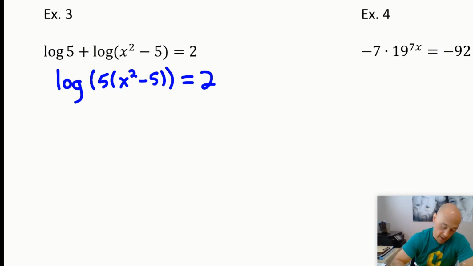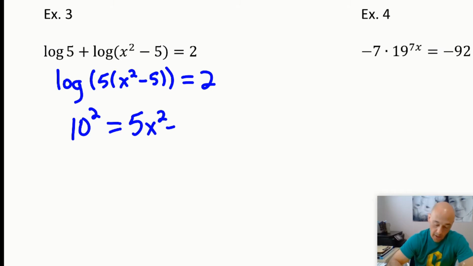And so this is 10 squared is equal to, and I'm going to distribute, 5x squared minus 25. Now I can add 25 to both sides.